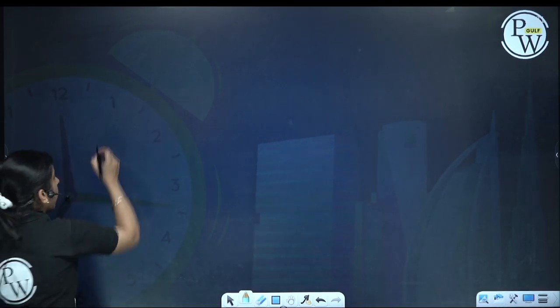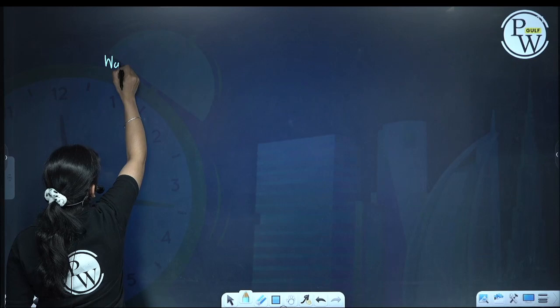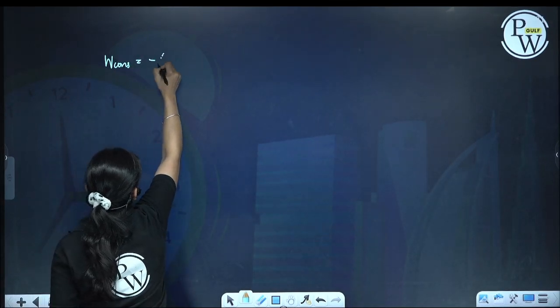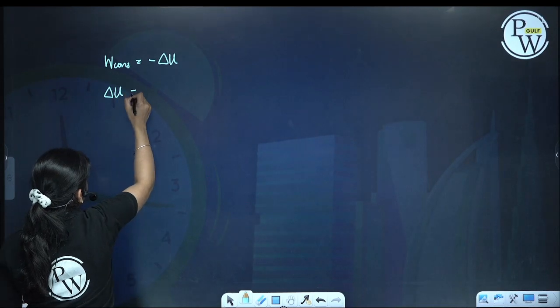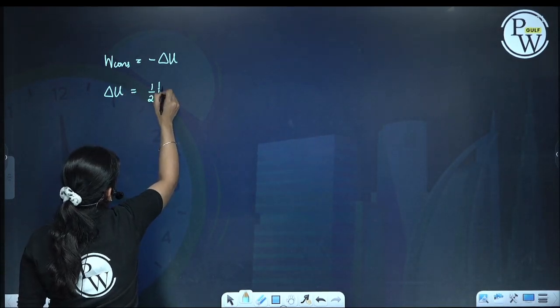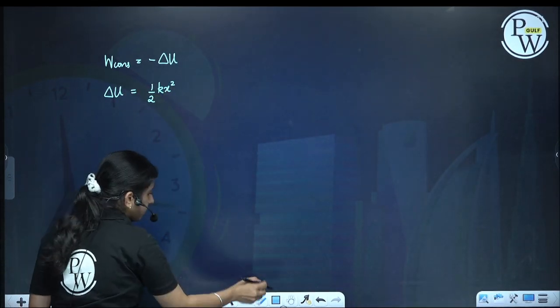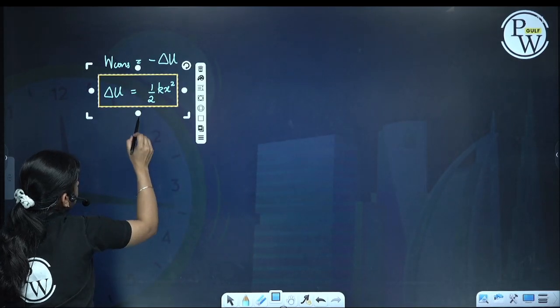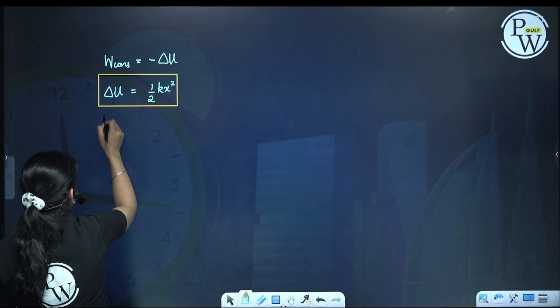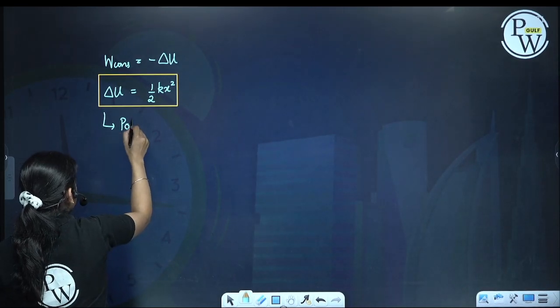Now we know that work done by a conservative force is equal to change in potential energy. So change in potential energy will be half kx square.